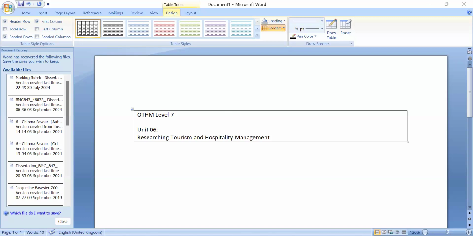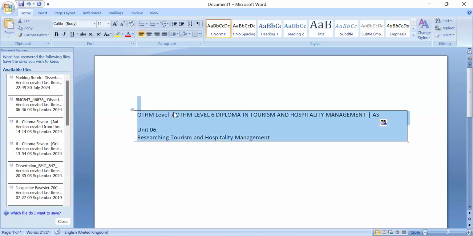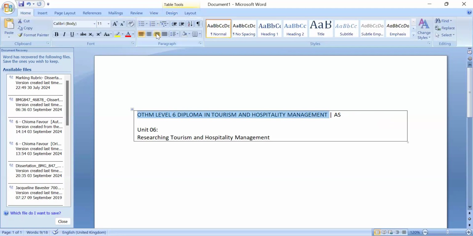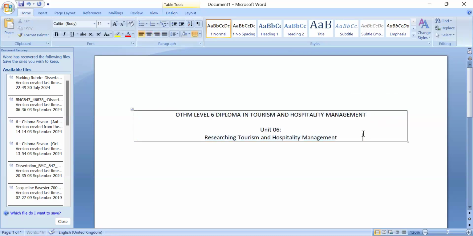Sorry, I mentioned level 7, but it's level 6, not level 7. That template will be available on Moodle, so those listening to this recording can follow it.